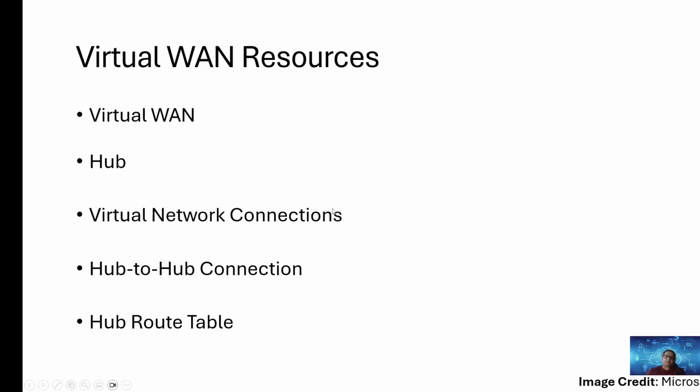Before we go on to see the WAN diagram on the architecture, let's understand a few WAN resources that we will be using here. At the heart, the virtual WAN itself organizes your Azure network, and it is responsible for linking your virtual hubs.